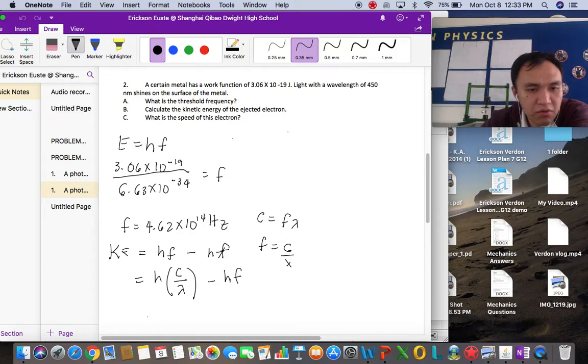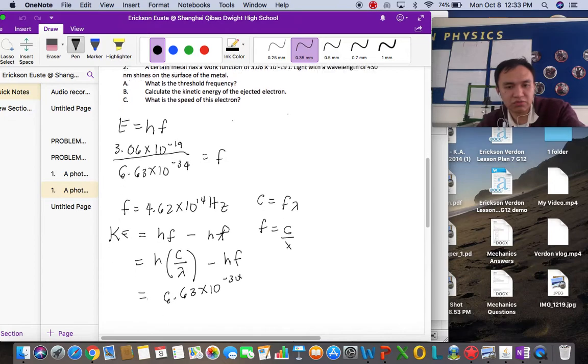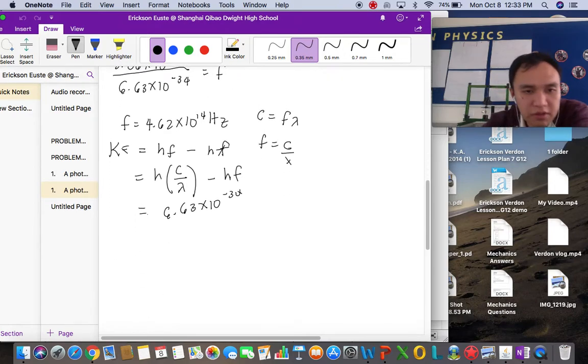And then with that, we can have 6.63 times 10 to the negative 34 times 3 times 10 to the 8 meters per second over the wavelength, which is 450 nanometers. So that means times 10 to the negative 9.